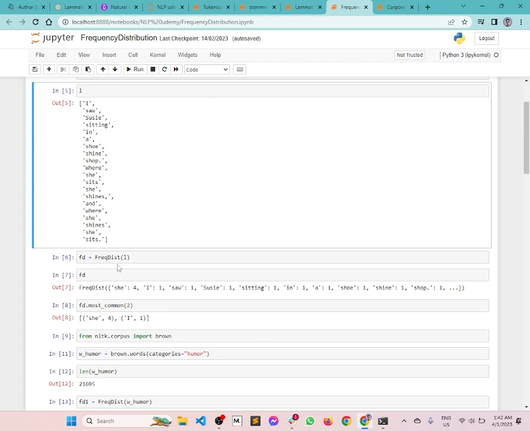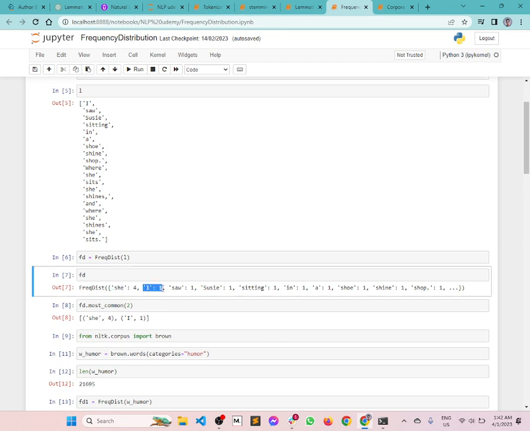That's why we call FreqDist. So we get that 'she' gets 4, 'I' gets 1. That means in this line, after splitting, 'she' occurs 4 times, 'I' occurs 1 time, 'saw' 1 time, and so on.